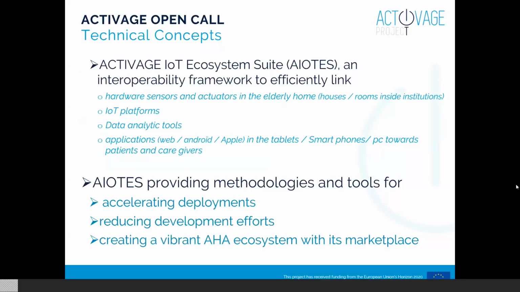The focus of IoTS is to provide methodologies and tools for accelerating those deployments and reducing development efforts. In addition to this, it creates a vibrant AHA ecosystem with its marketplace, about which I will give a bit more information.